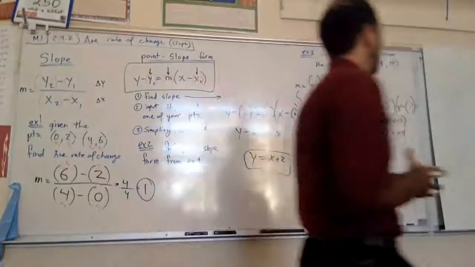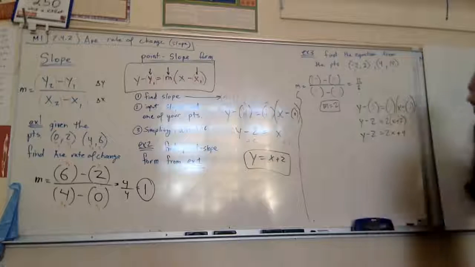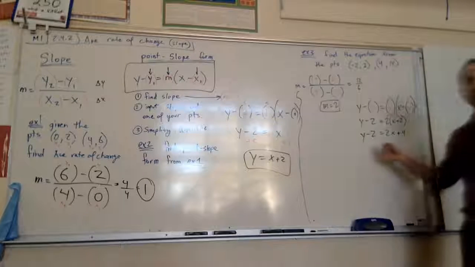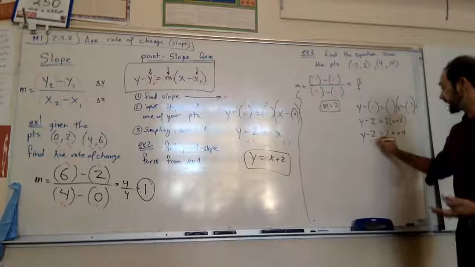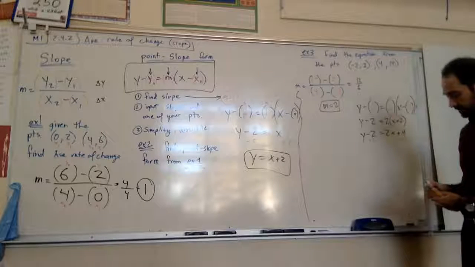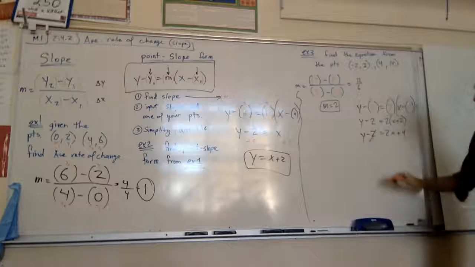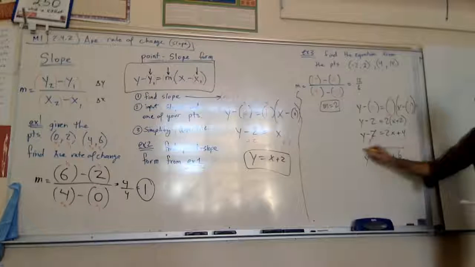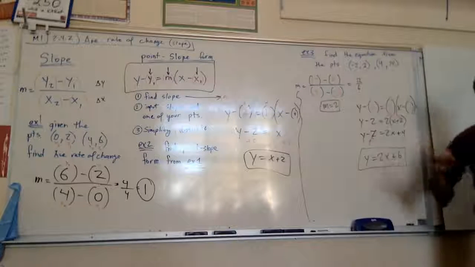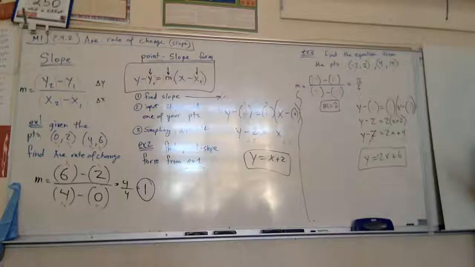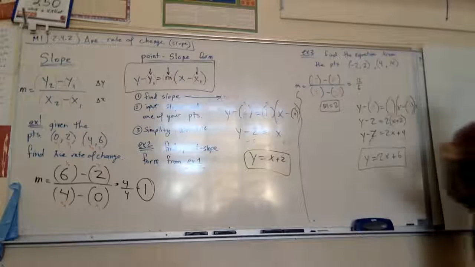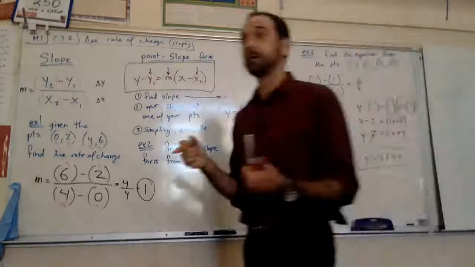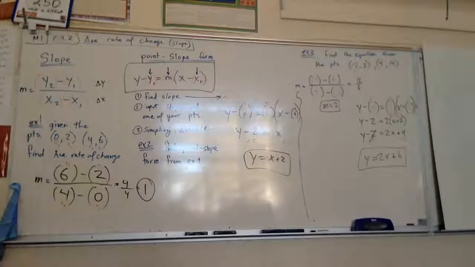Okay. Leah, finish this up. Add the 2. Got to get rid of that. 2x plus 6. Everybody's getting it? Thumbs up, sideways, down. Let's see it. Double thumbs. Good.